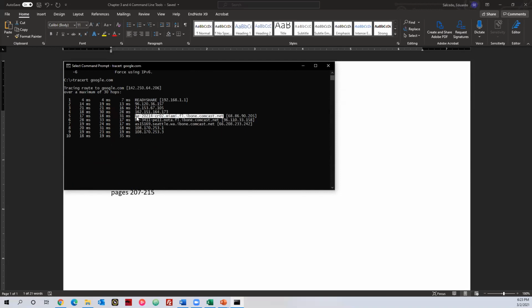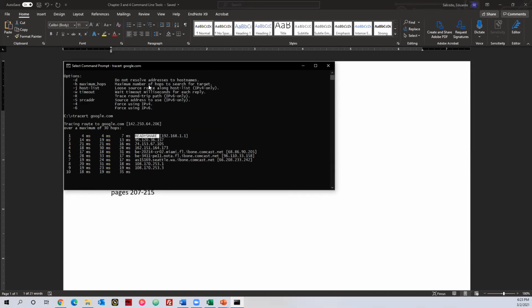Mine is ReadyShare, but it really is 192.168.1.1, right? So it's resolving, it's giving you the names for this thing. It's just to see how it goes, where it goes to. It's tracking the progress of your data being sent all the way from here to Google. I've been pinging Google all afternoon.